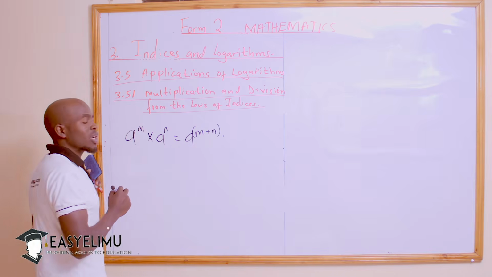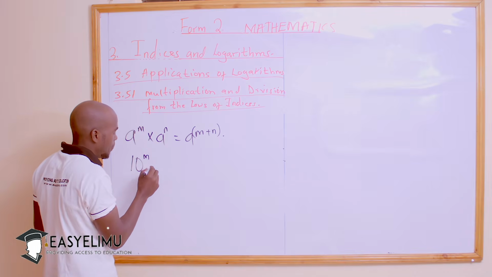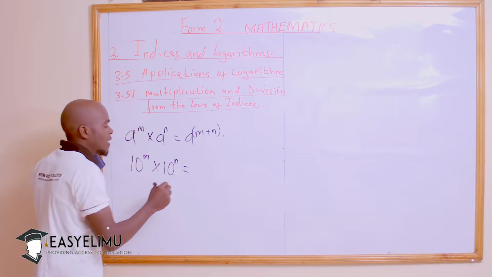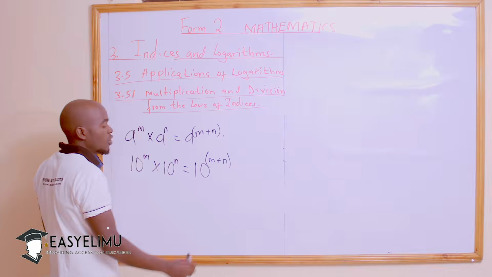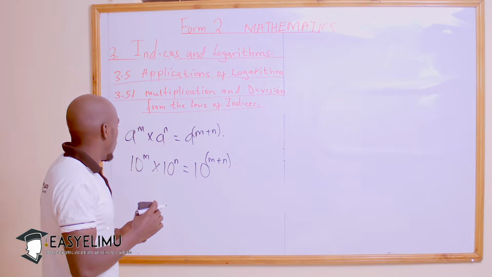But we are going to relate it to the base 10 and say that it shall be 10 raised to m multiplied by 10 raised to n, and this will give us 10 raised to m plus n, according to the first law of indices, that is the sum of two powers.